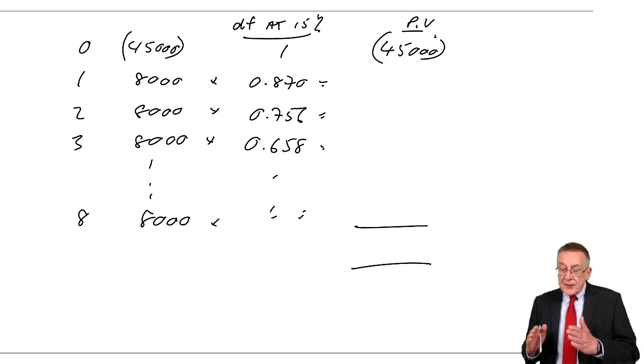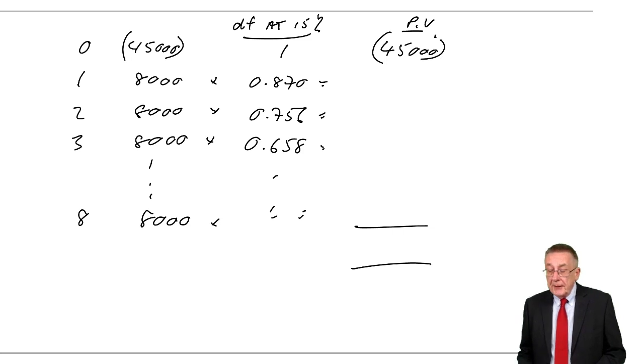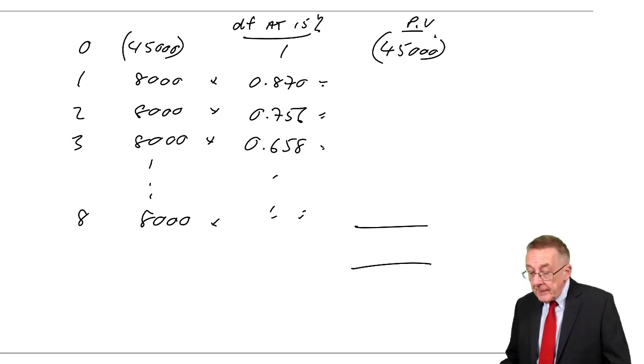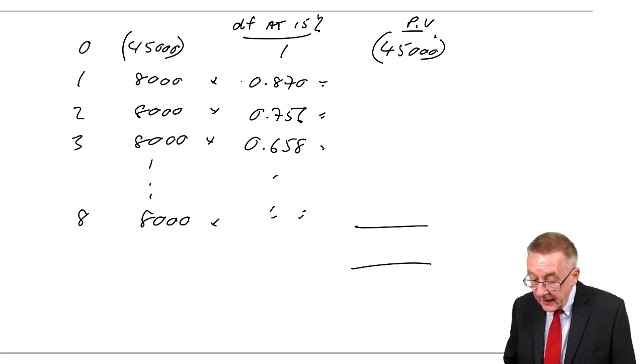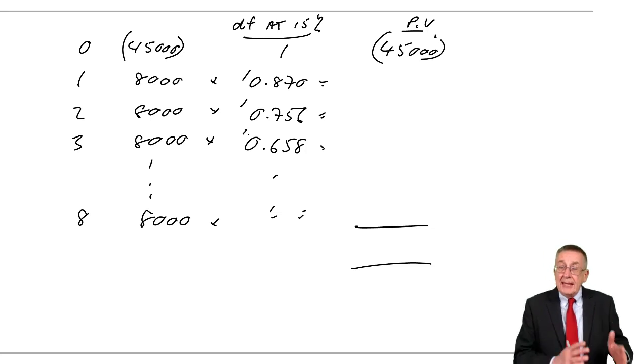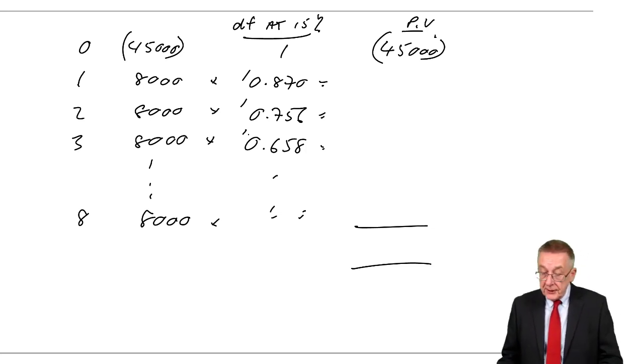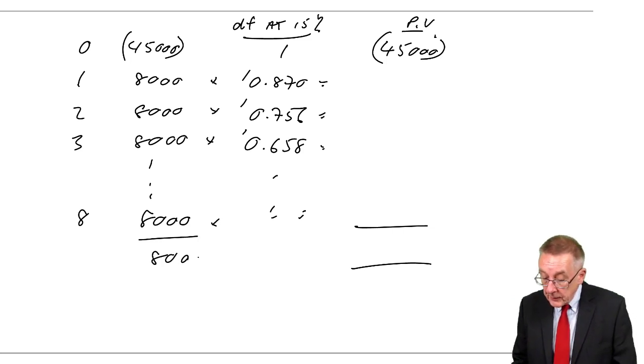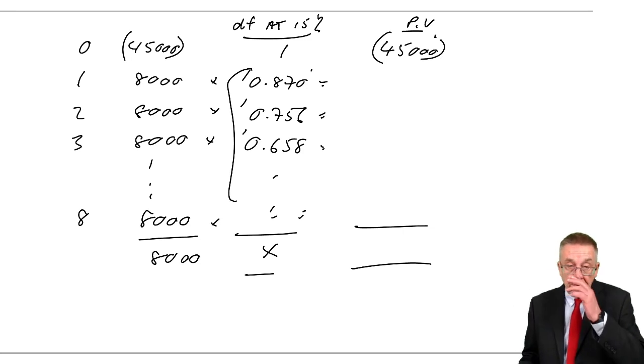And because it's an equal amount each year, instead of multiplying 8,000 by 0.87, by 0.756, in each case you're multiplying the discount factor by 8,000. It'd be somewhat more efficient simply to multiply 8,000 by the total of those discount factors.